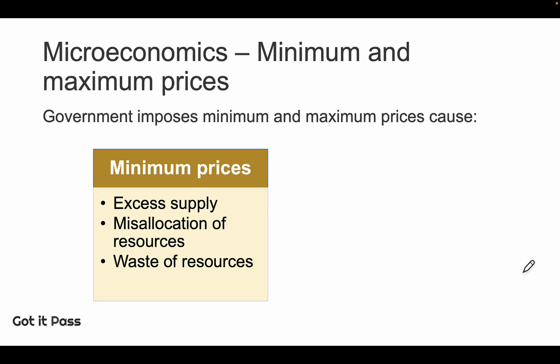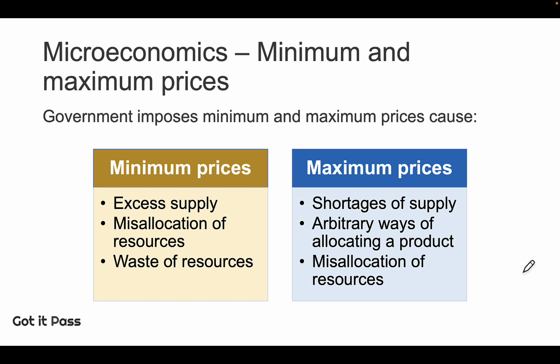And for maximum prices, they cause shortages of supply, because the suppliers don't want to supply enough goods with such a low profit margin, and the price level cannot be increased. It causes shortages of supply, and it leads to other problems, like people having to line up to buy the goods.